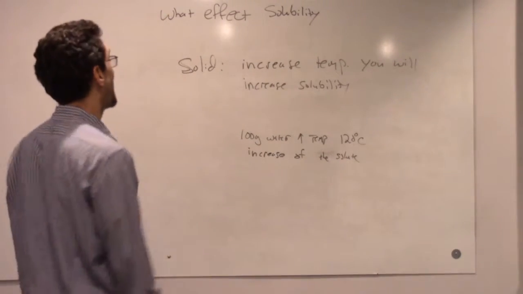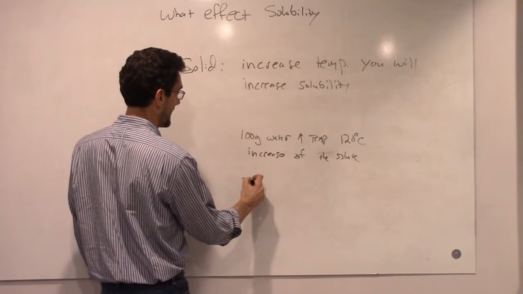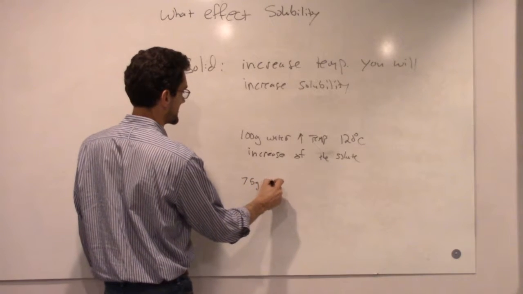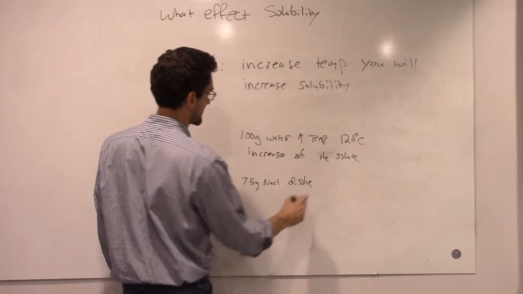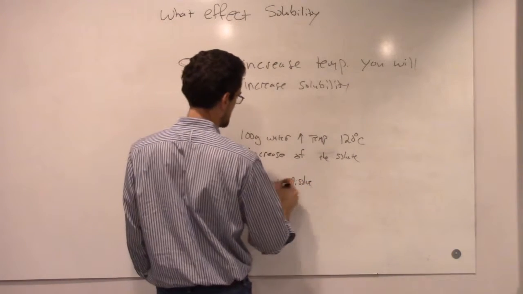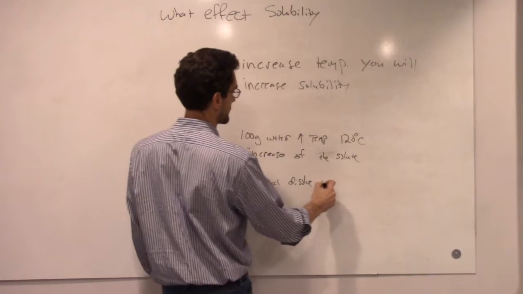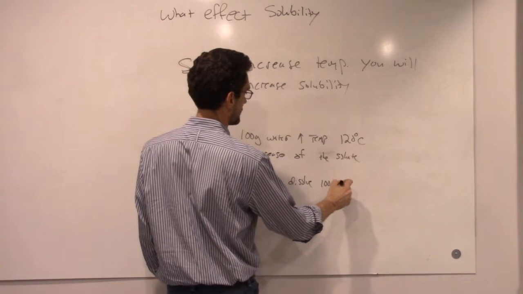So I could take maybe 75 grams of NaCl and dissolve it, and I just made this 75 gram thing up. 75 grams of NaCl in 100 grams of water.